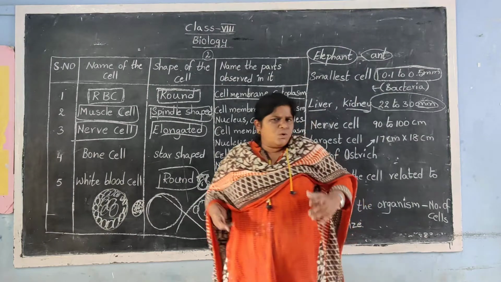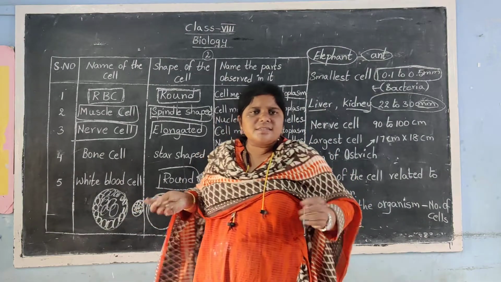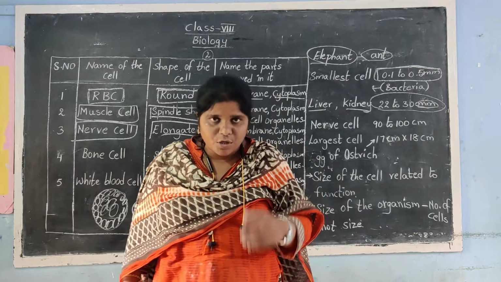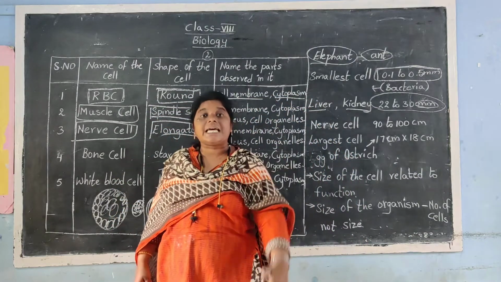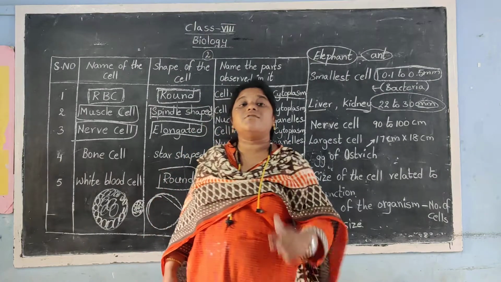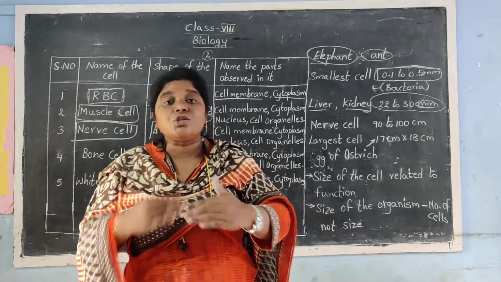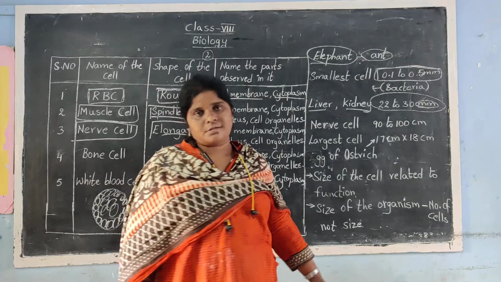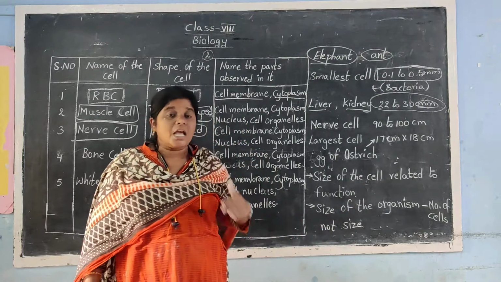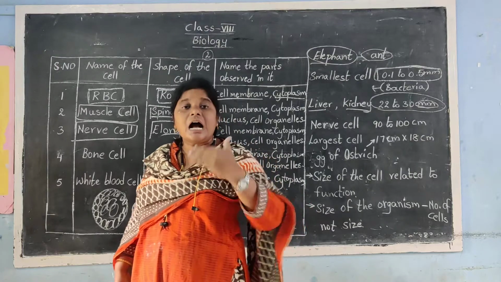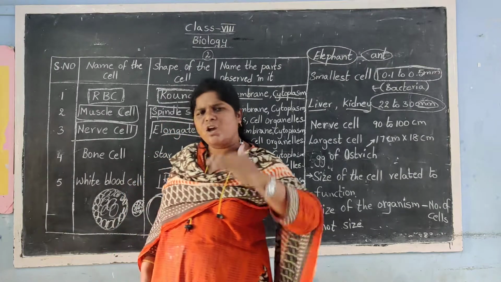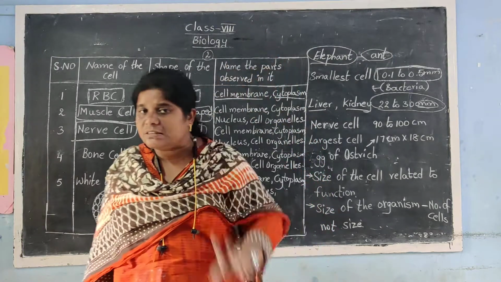You may ask, when all the cells are very small, why is this nerve cell very big? Because each and every nerve cell should be connected to each and every part of our body, as it should transfer messages. How the nerve cell creates an electric potential and how you respond to stimuli, you will study in your 10th class.